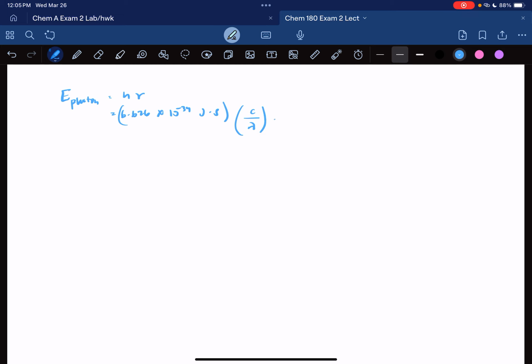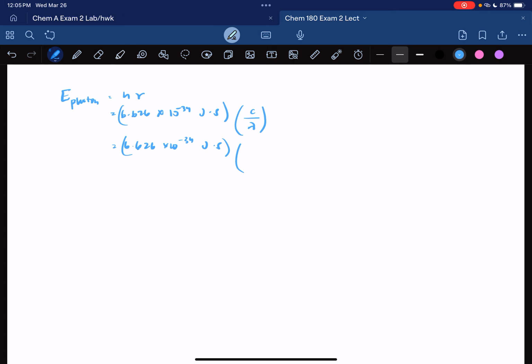So 6.626 times 10 to the minus 34 joule-seconds, and c is, this time I'll use a better number, because everything given is 4 significant figures, I cannot use 3.00.